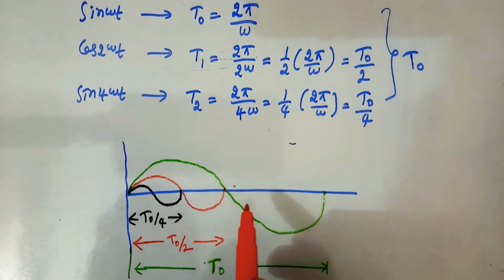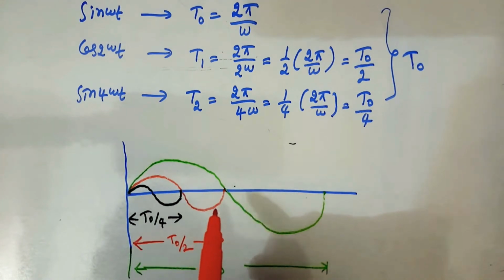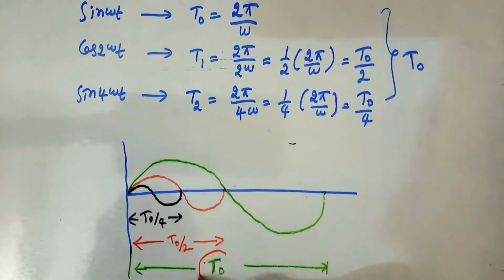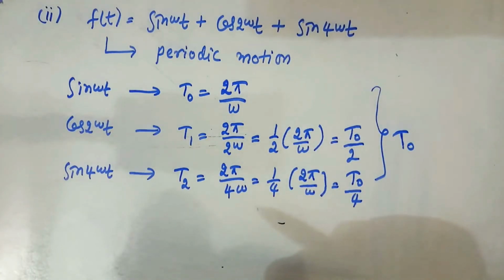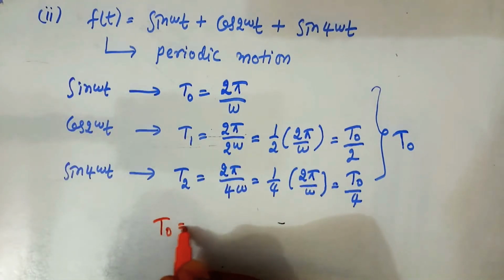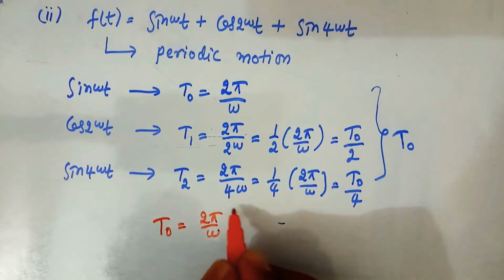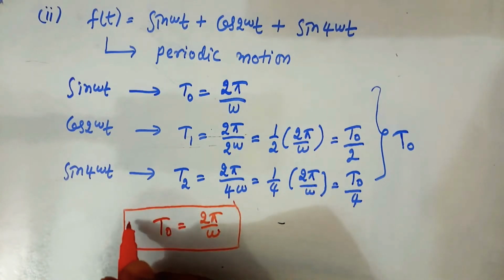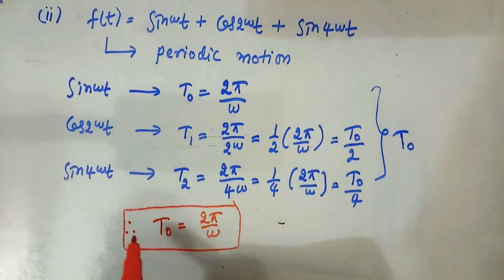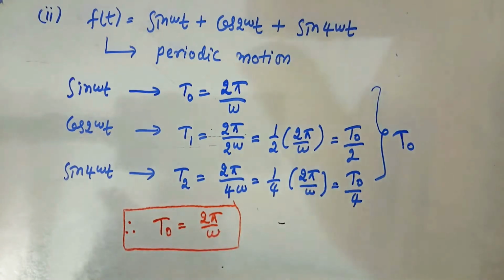So the smallest interval of time that the sum of three terms repeats is T naught. So the time period for the function f of t is T naught, that is 2 pi by omega. So f of t represents periodic motion. The period is 2 pi by omega.